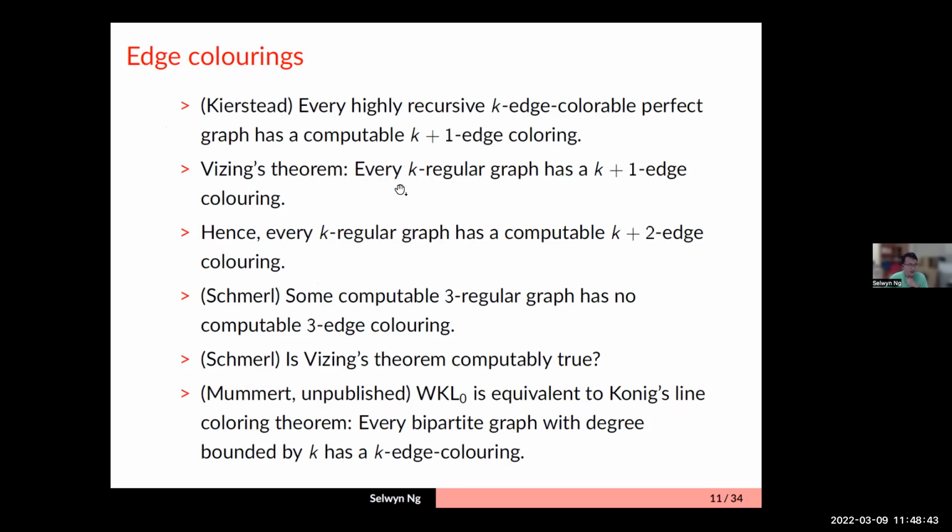A k-regular graph is a graph where the vertex of every degree is exactly k. Actually, his theorem was about less than or equal to k-regular, but I'm just going to use k-regular here. Every k-regular graph has a k+1 edge coloring. And if you combine the two theorems here, that actually tells us that every k-regular computable graph, of course, has a computable k+2 edge coloring.